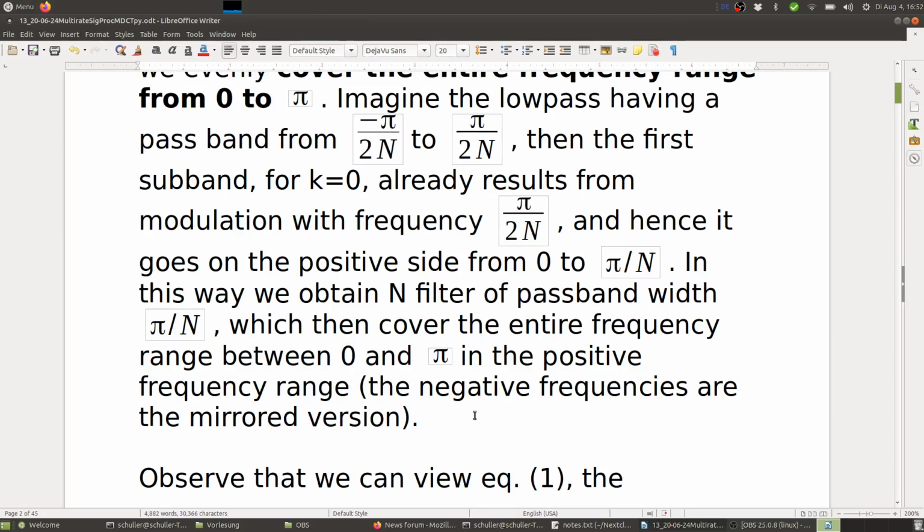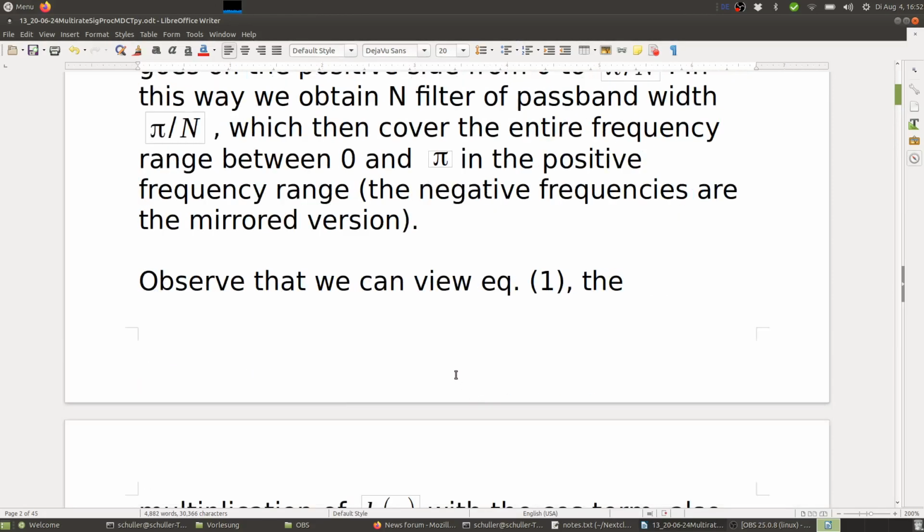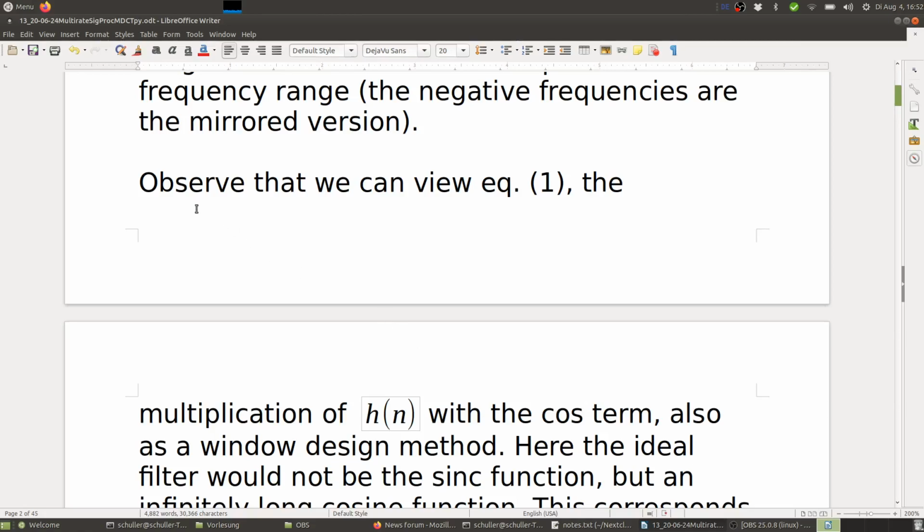And the negative frequencies are simply the mirrored version. Yeah, and this even covering of the frequency range is an important property of this type of modulation, which is inherited from the DCT-4. And that's why we chose the DCT-4.